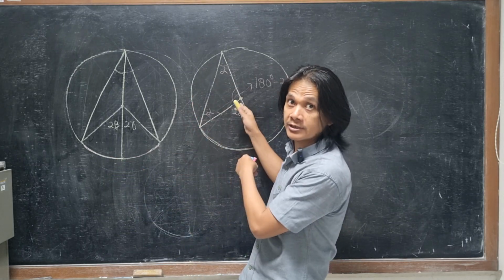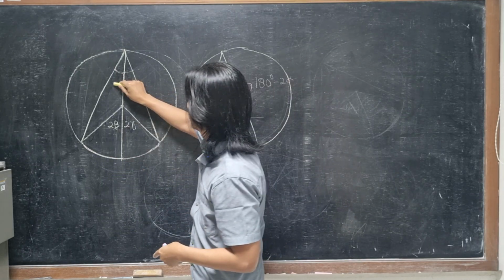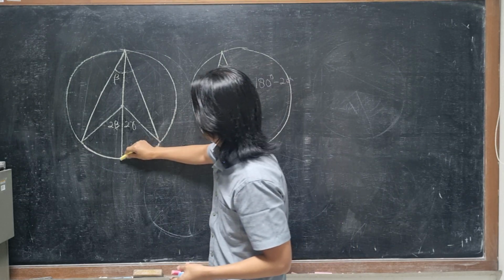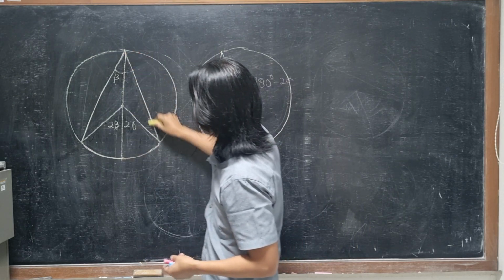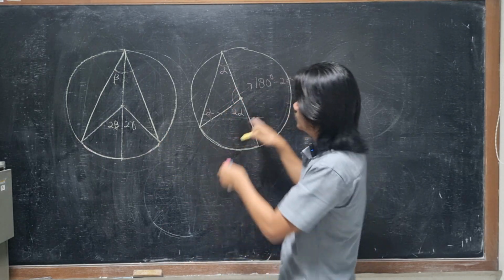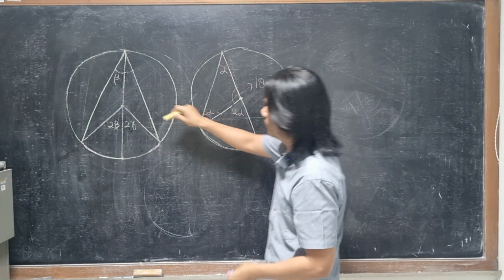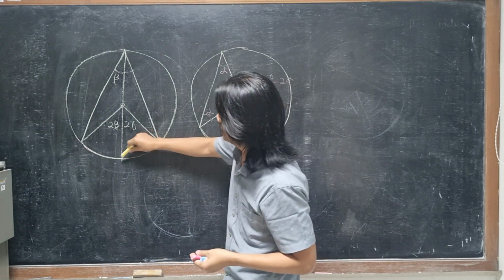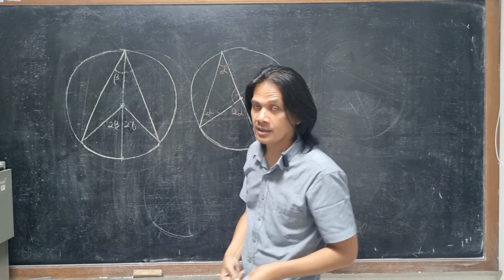So according to the first case, this must be beta. Similarly, we have this inscribed angle and that central angle, which fits the situation where the center of the circle is on the triangle.